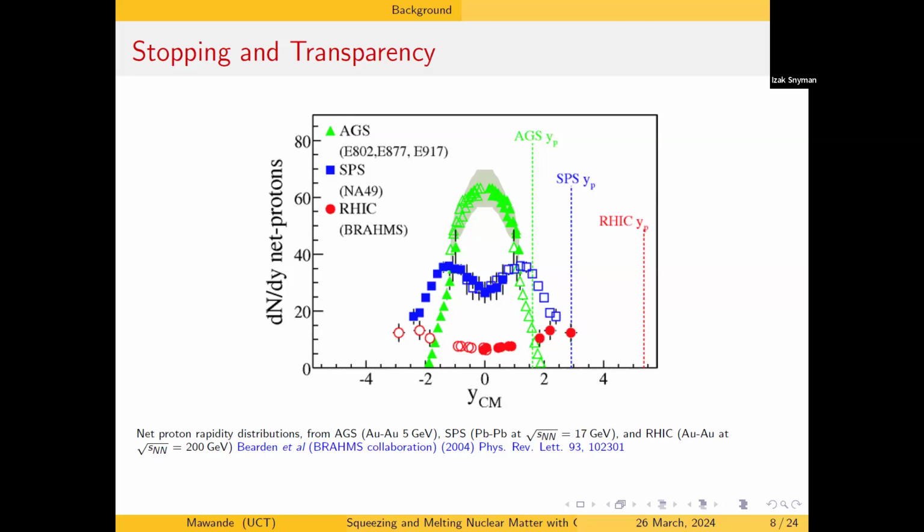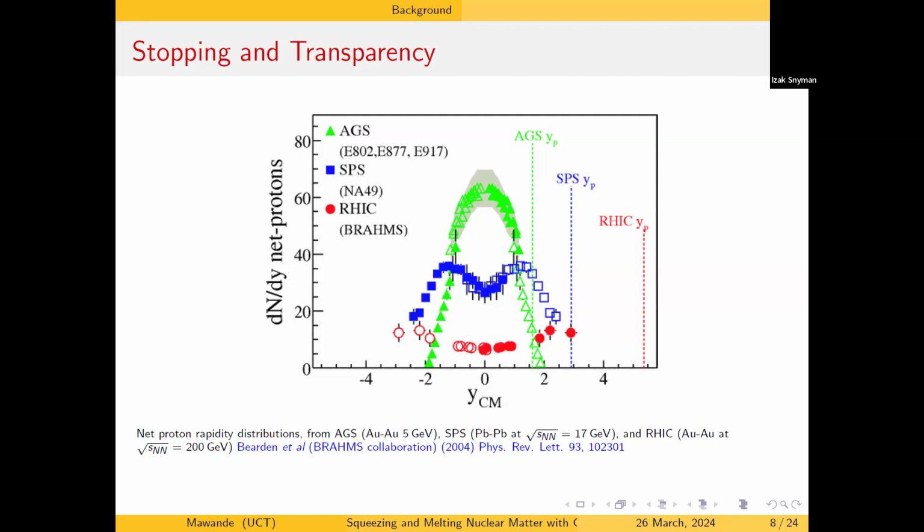But it could also sit in neutrons in principle, because you're only counting protons. So baryon number cannot be seen in here necessarily.